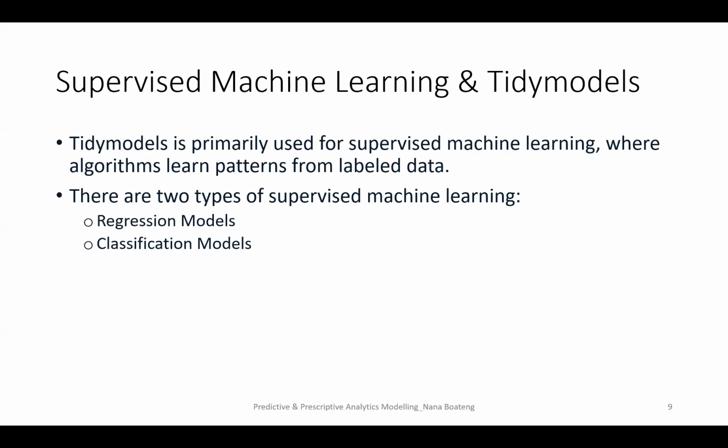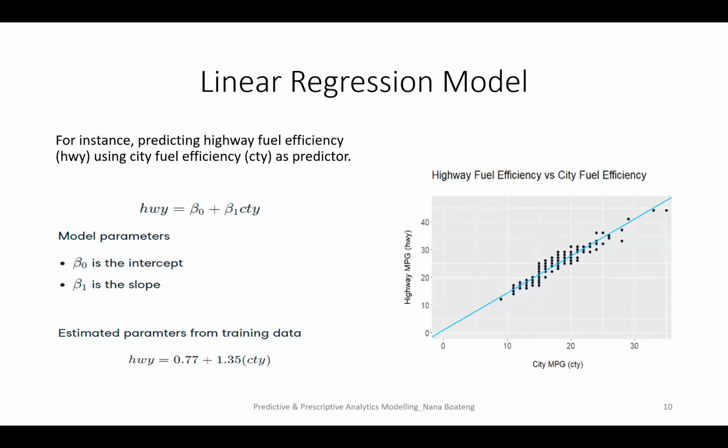All these things we discussed yesterday. I also made you understand that supervised machine learning falls into two categories: the regression models and the classification models. Yesterday, we dealt with one of the classification models. So let's look at a simple linear regression model.